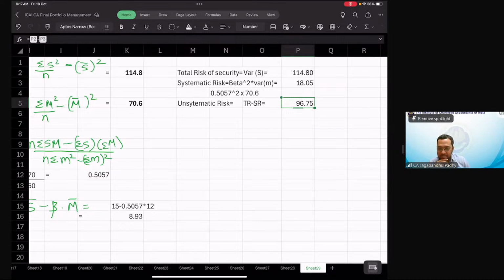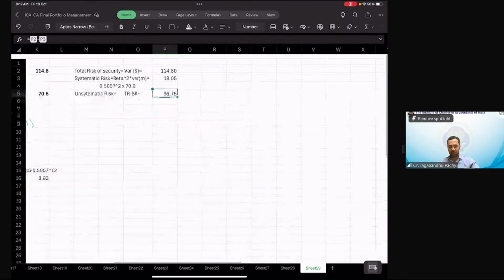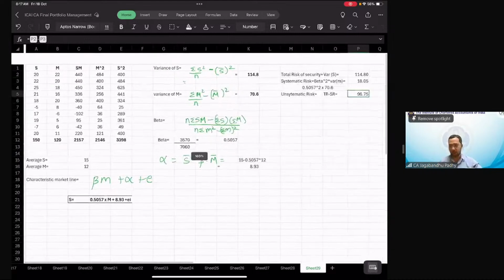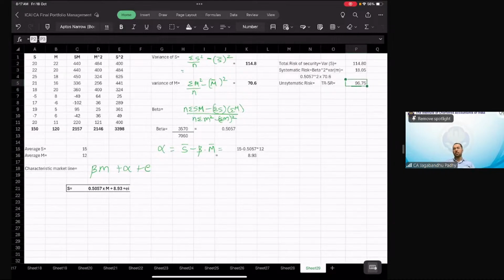Okay. So unsystematic risk is defined over here, 96.75. Total risk was 114.80. And the difference, of course, systematic and unsystematic got bifurcated. Okay. Are we clear? How do we obtain the systematic portion and the unsystematic portion from a given data set?